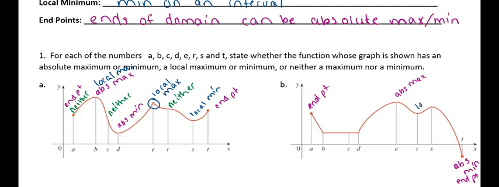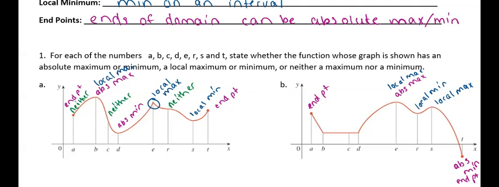So this is going to be a local min. This looks like a max. It's not the absolute max, so it's going to be a local max. And don't forget, this can be a local max as well, because it's the absolute max, and that can be local as well. But this cannot be a local min because it's an endpoint. So it can only be an absolute min.